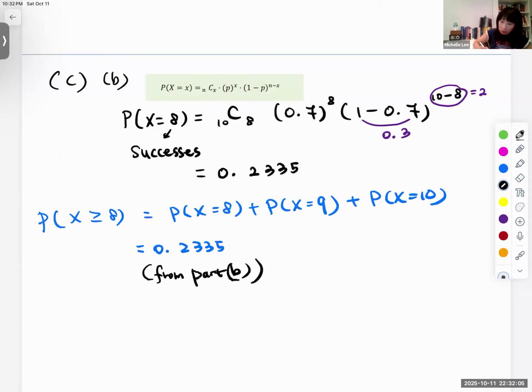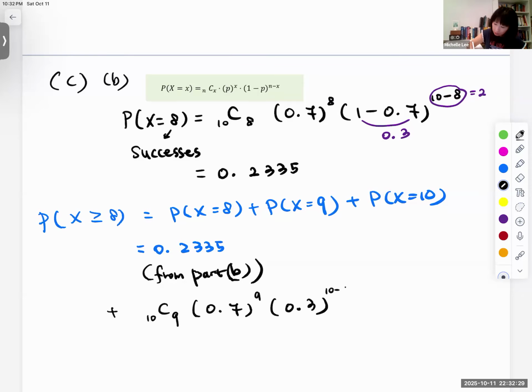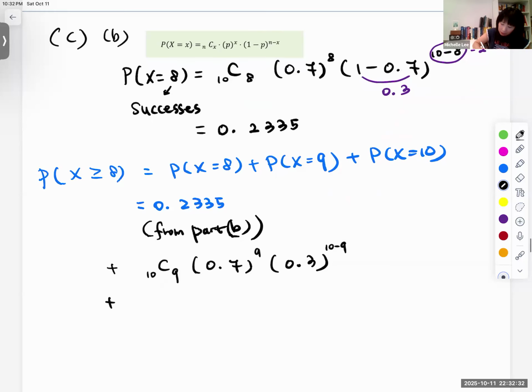Let's work on 9, plus the combination n equals 10 choose 9, 0.7 to the 9th power for the successes, and the failure 0.3 to the 10 minus 9. Plus the combination 10 choose 10, 0.7 to the 10th power, and the failure to the 10 minus 10.